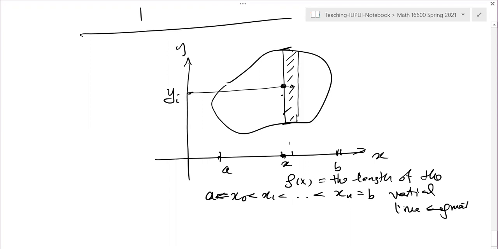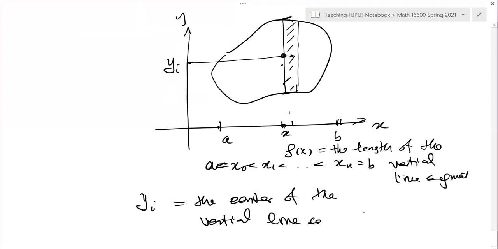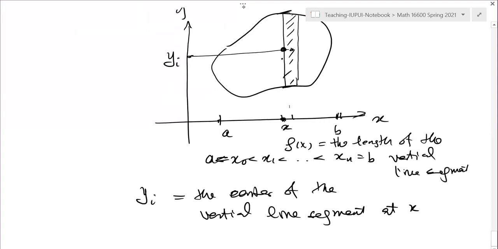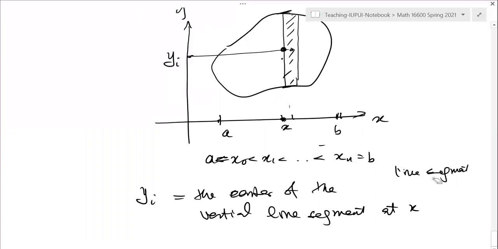And yi is going to be the center of the vertical line at the point x. Let me erase that. It's too crowded here.